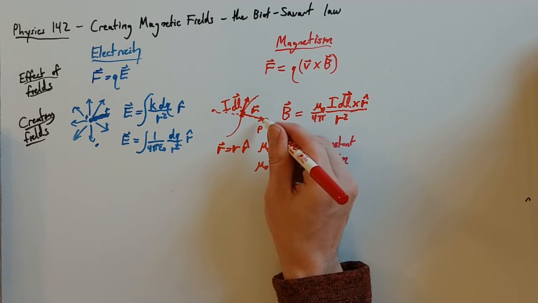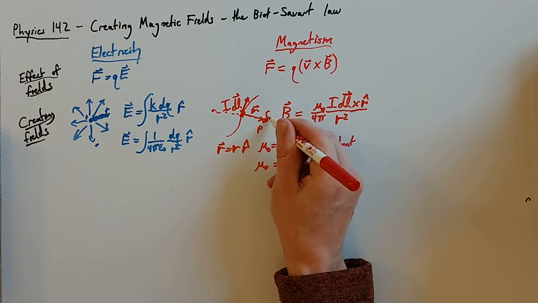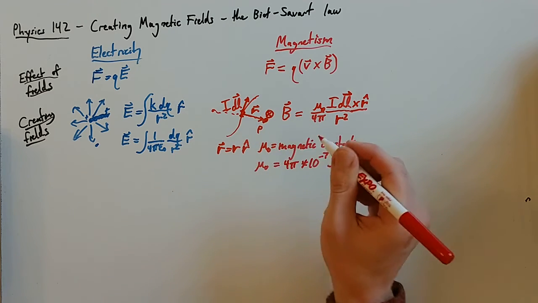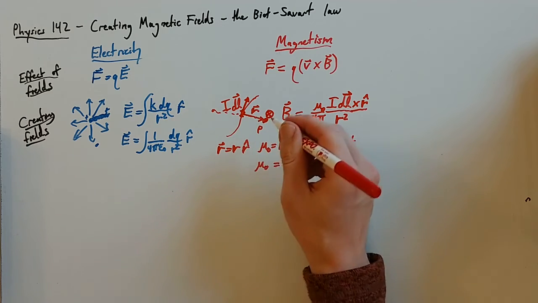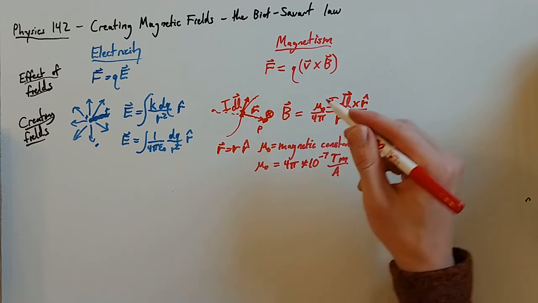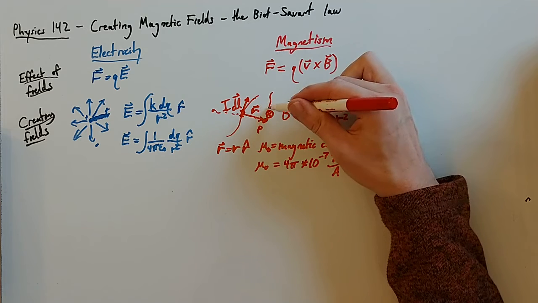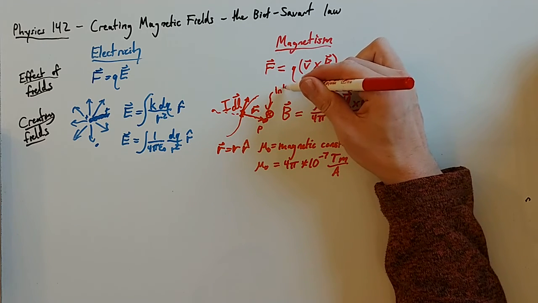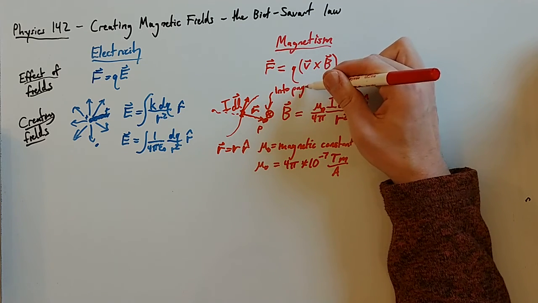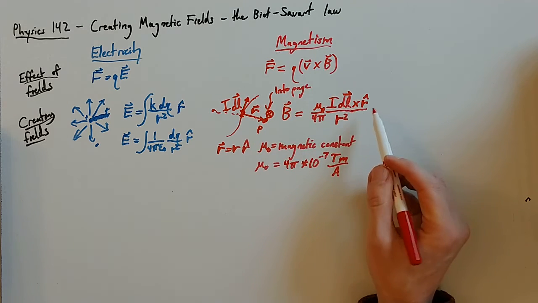So that says that the magnetic field that's created right here at point P is into the page, all right? So in my drawing here, I didn't leave enough room, I'll make a little label right here. This is into the page, all right? And you can tell that from this cross product.